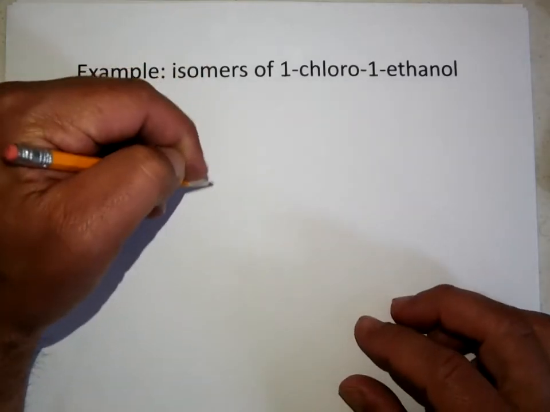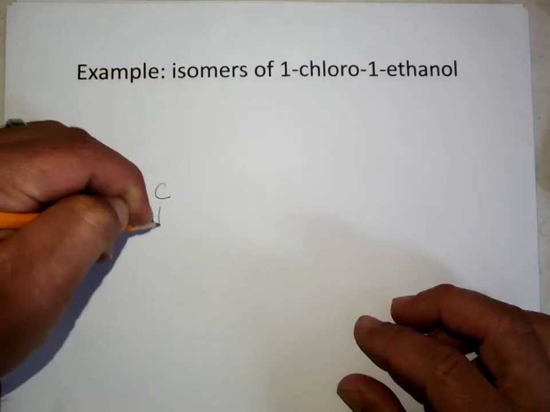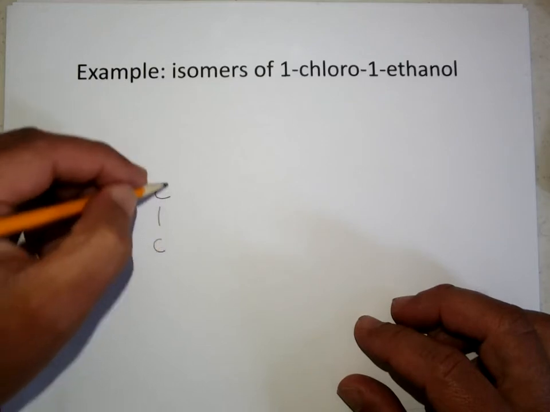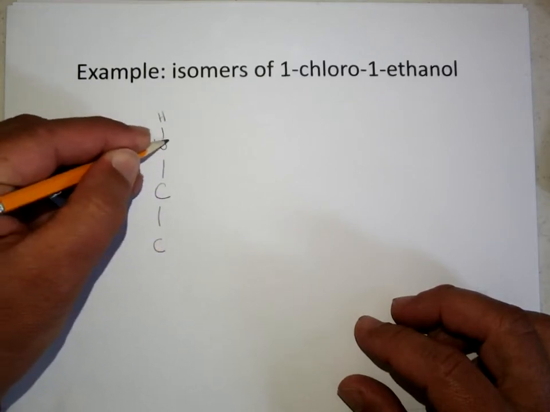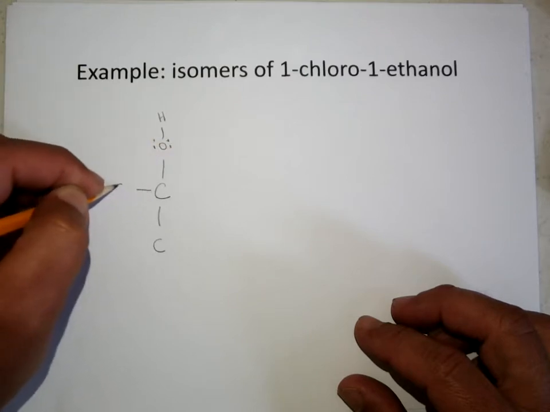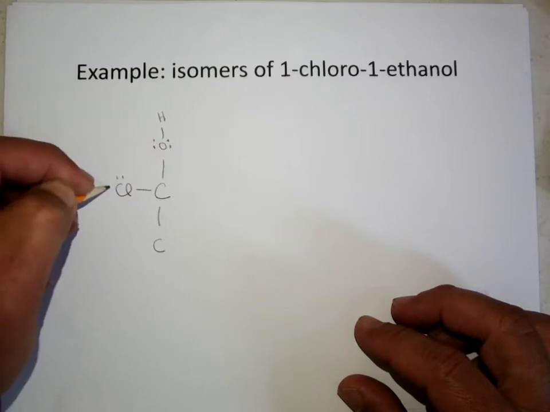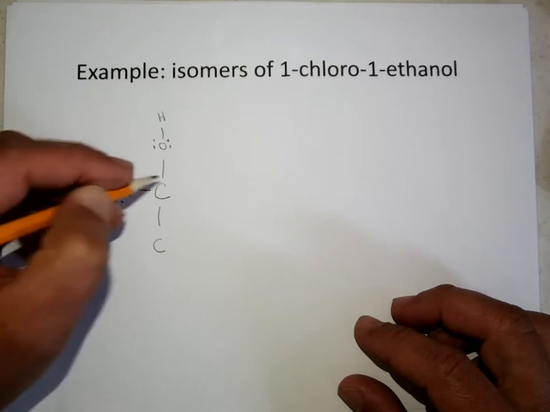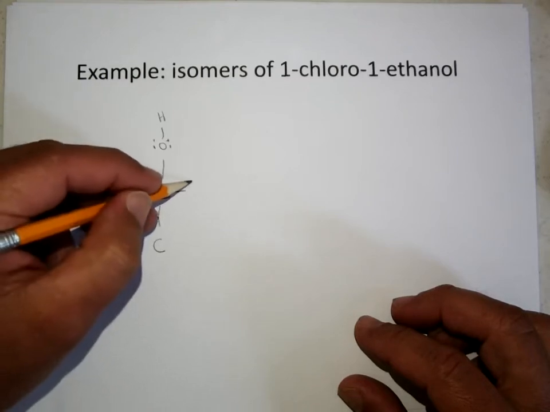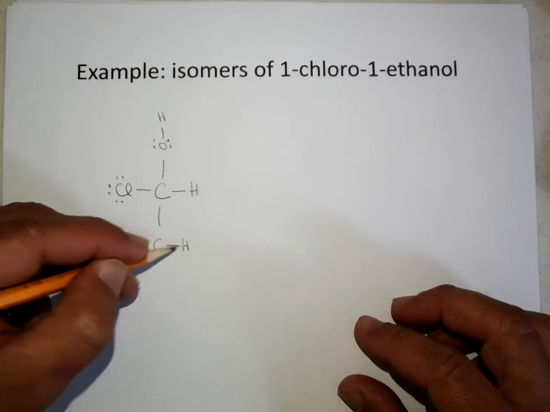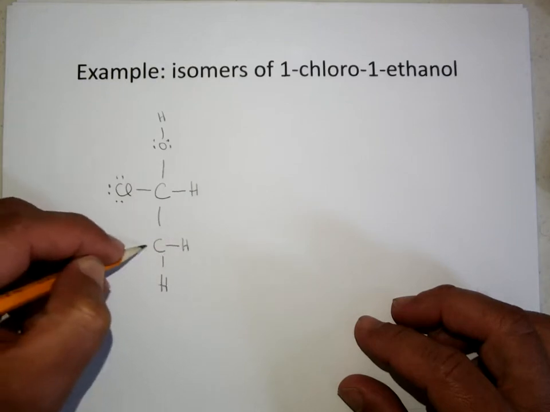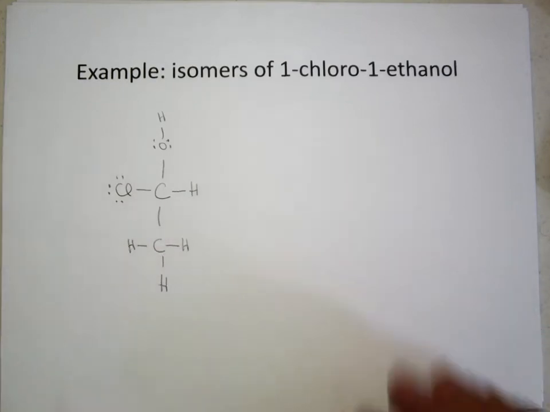For 1-chloroethanol, you have 2 carbons. On the first carbon is the alcohol group, so it makes OH. And then you also have a chlorine on the first carbon. That means there's 1 hydrogen on the first carbon. And then the second carbon, filling out the octet rule, has 3 hydrogens on it.